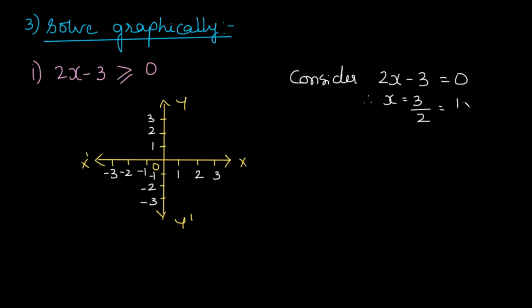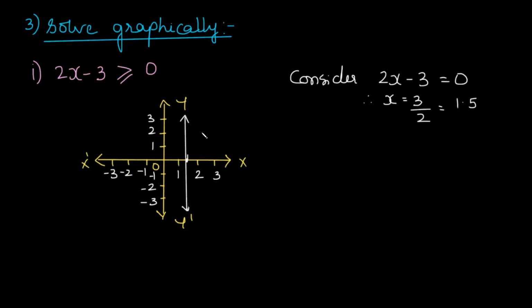That means x is equal to 1.5, which comes exactly between 1 and 2. So, suppose this is the point which is x is equal to 1.5. From here we draw a line which is parallel to the y-axis. And this line passes through x is equal to 3 upon 2. So, this is the required line.